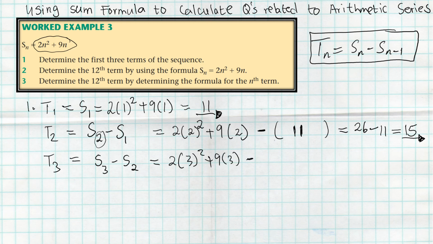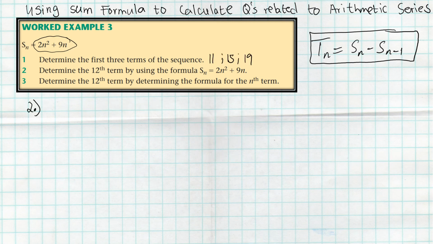We calculated S2 as 26, and I'm going to put that in brackets to avoid making any mistakes. Using my calculator, 3 squared plus 9 into 3 is 45, minus 26. 45 minus 26 is 19. So these are the first 3 terms of the sequence. I hope you understood that.